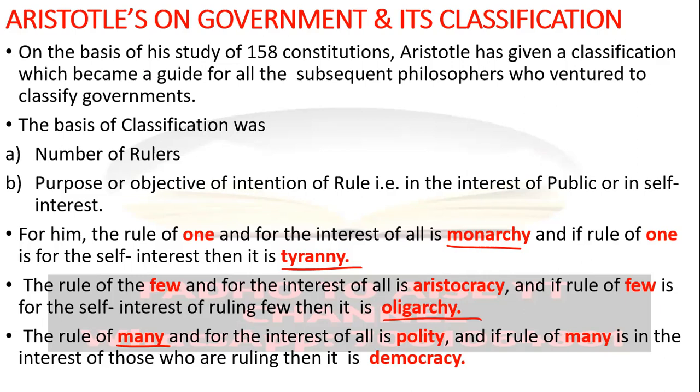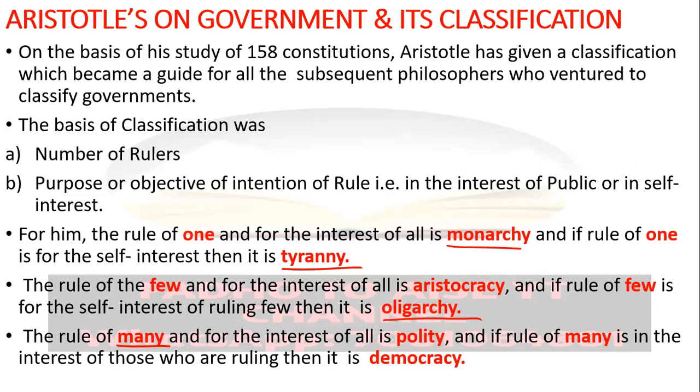That means democracy was a bad word for Aristotle. Democracy was the perverted form. Democracy is taken in a positive sense in the contemporary era, but according to Aristotle, democracy is the rule of the ignorant many. There are many people, but they are ignorant, uneducated. So that is called democracy.